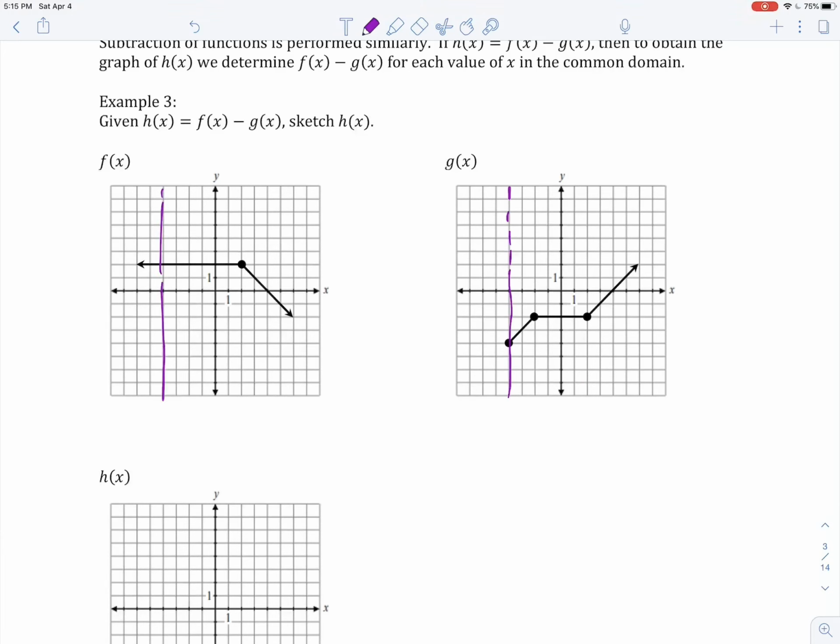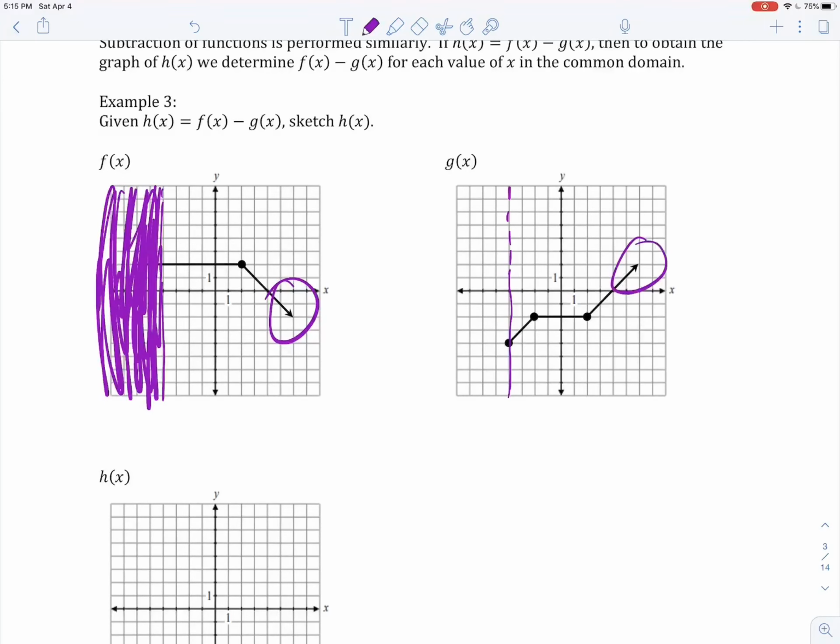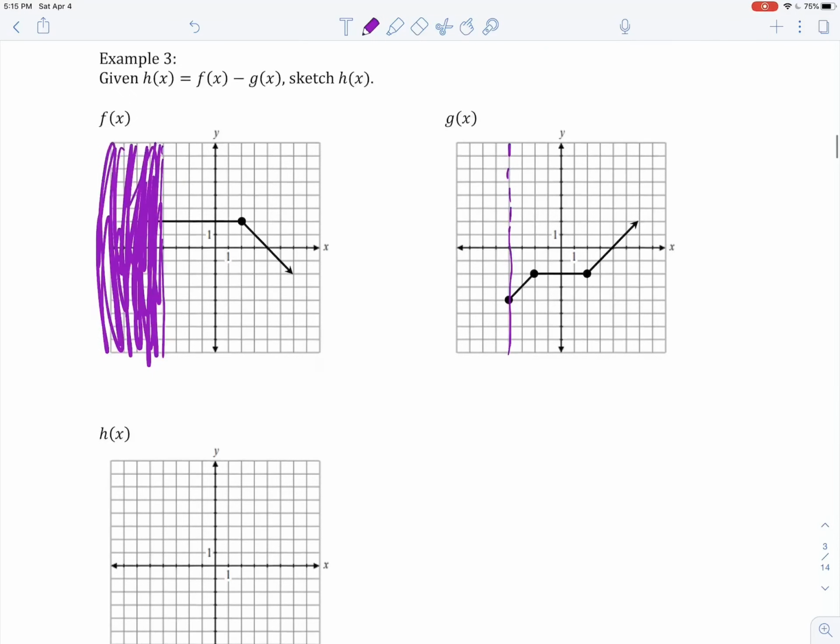So if we look at this graph, none of this matters. They do both extend onward forever to the right, but on the left side, the lowest value is -4 for x. And we go from there.